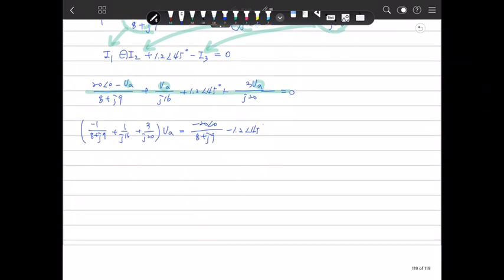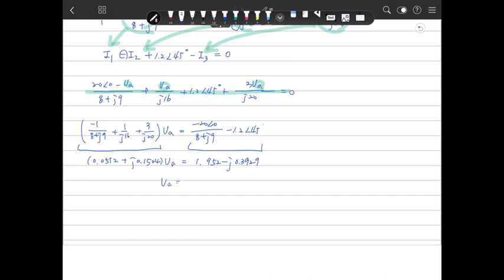So we can calculate using the calculator. That is 0.0552 plus j0.1514, times VA, is the same as 1.952 minus j0.3929.